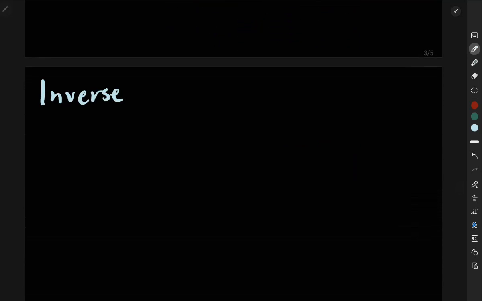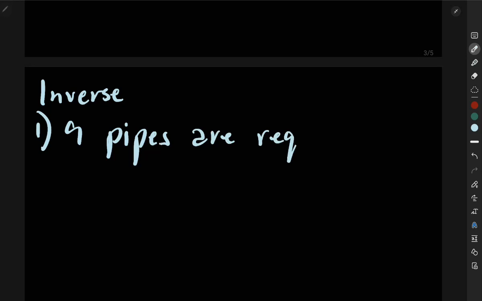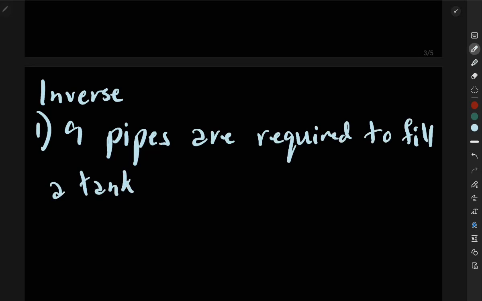So for example, we have example number 1. 9 pipes are required to fill a tank in 4 hours.